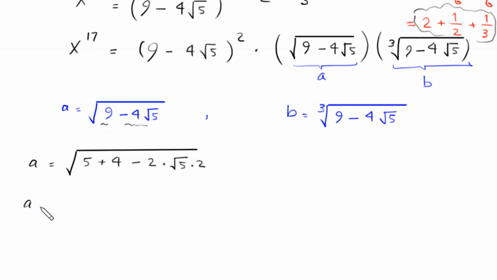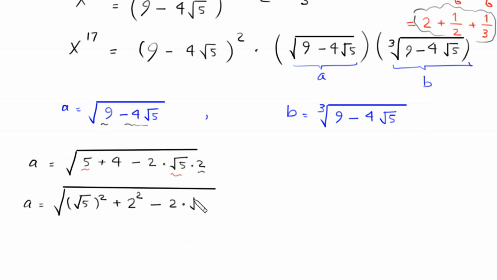Next, a is equal to the square root of, since we have root 5 here, we write this 5 as root 5 squared plus, and here we have 2, we write this 4 as 2 squared minus 2 times root 5 times 2.